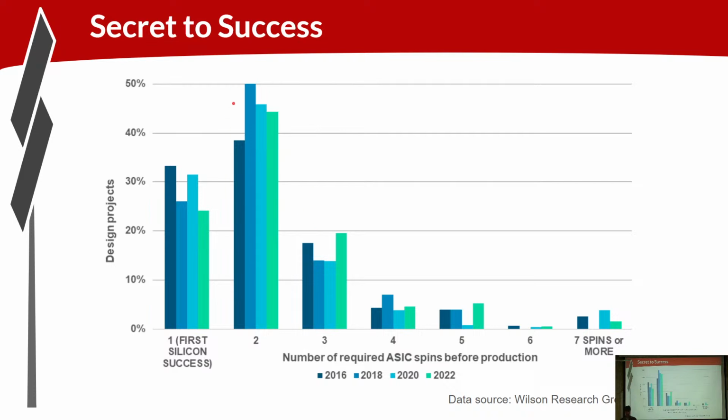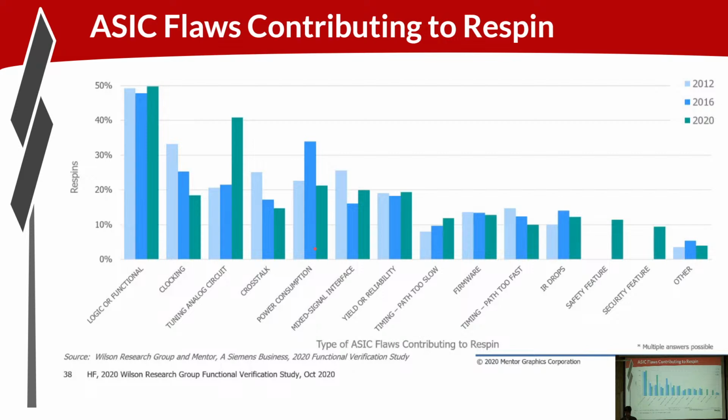So if the average number of respins is 2.1, the total here should be 210% on these bars. Logical or functional bugs is around 50%, right? I don't know what that is as a percentage of the total, but it's a fraction of the total. Almost all of the rest of these are analog in nature, physical in nature.